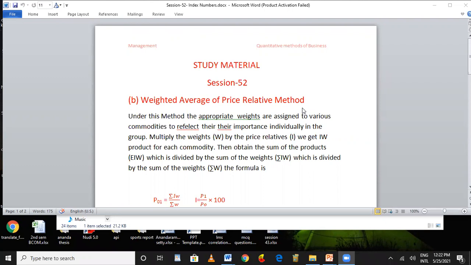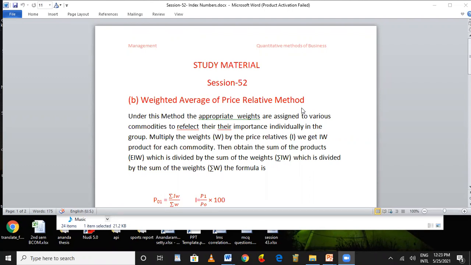In index numbers, earlier we discussed that the index number can be calculated by simple averages and also by the simple aggregative method. In the simple averages and simple aggregative method, they ignore the weights, the quantities. Only the prices are considered.